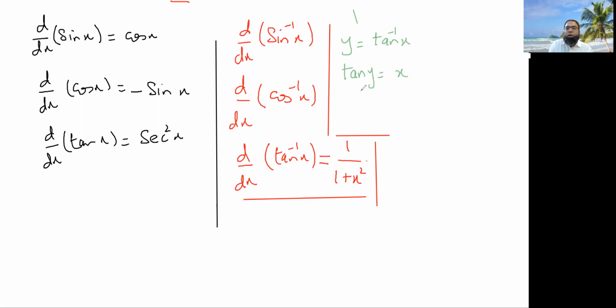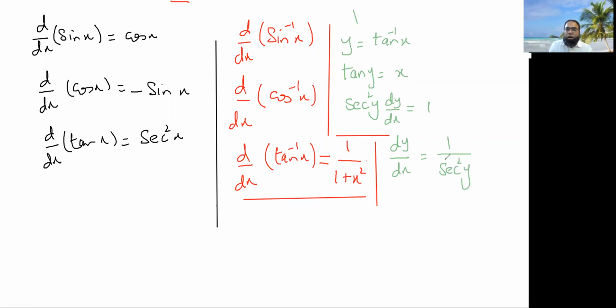Yes? Okay. Now, when I differentiate this using the concept of differentiation of implicit functions, I should be allowed to write it as secant square y dy by dx, and you have 1 over here because the derivative of x is 1. Now this dy by dx is going to be 1 over secant square y.